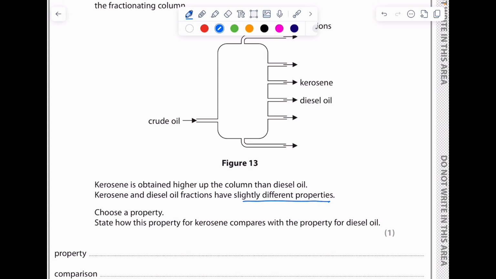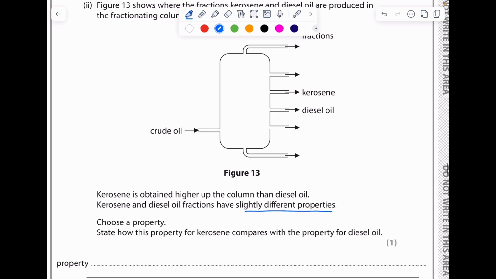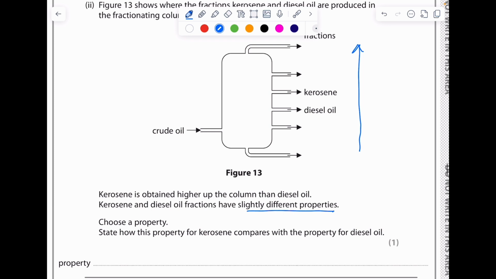boiling points, we can say that as we go up the fractionating column, the hydrocarbon molecules actually become shorter, and therefore the melting and boiling point, so I put boiling point here, will decrease.